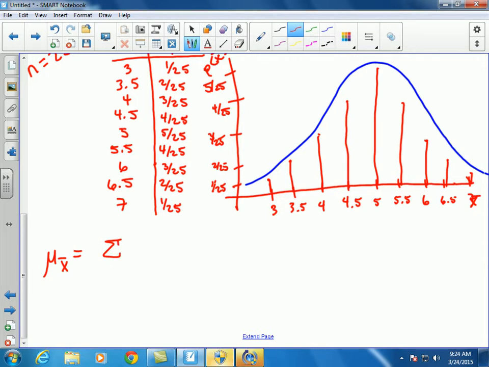The mean in this case is add up all those numbers, right? So there's 3 plus 2 3.5s, right? There's 2 of those. I'm doing the sum right now, so I don't need that notation there. Plus 3 times 4 plus 4 times 4.5.